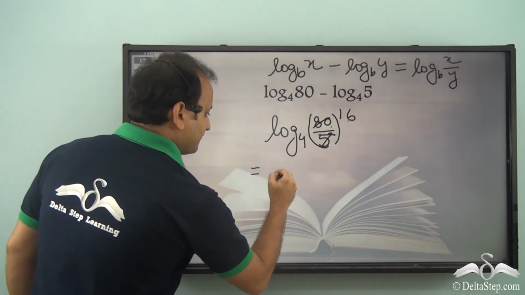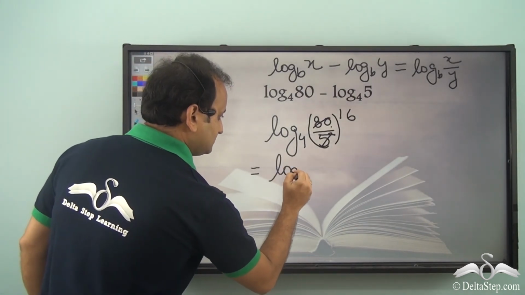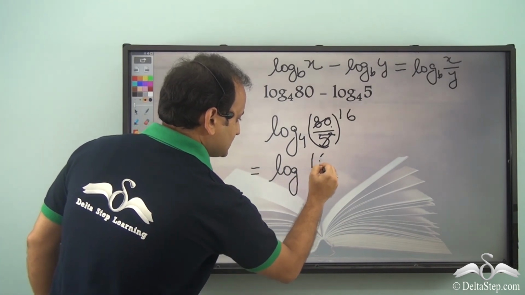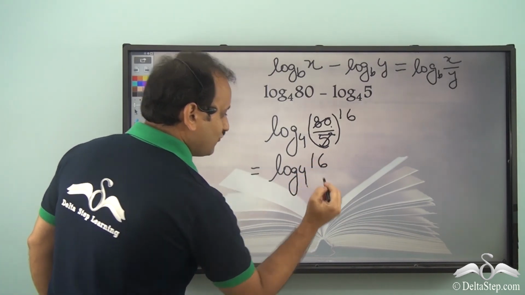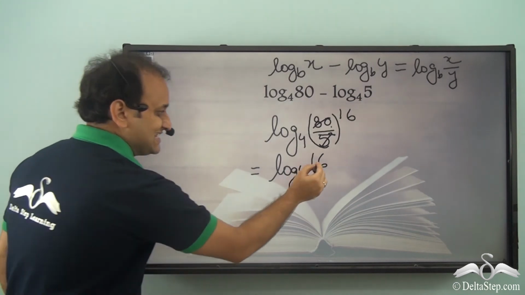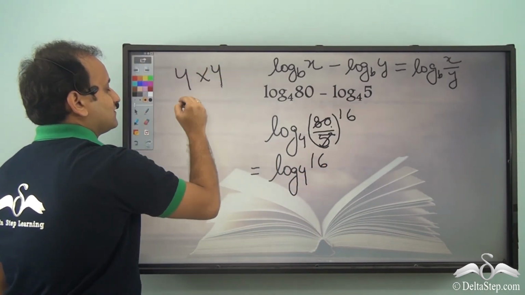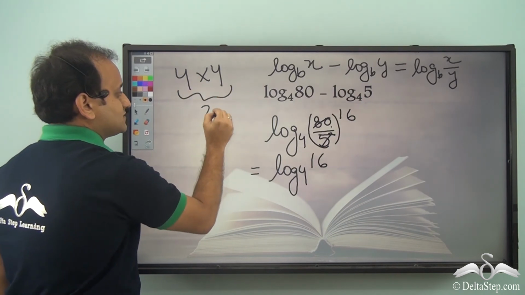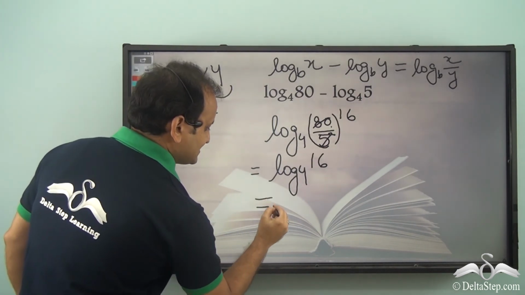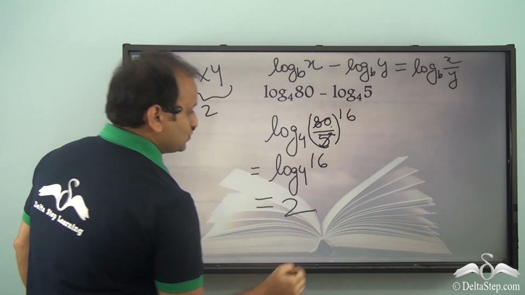So we have log 16 to the base 4. Now 16 is nothing but 4 times 4, that is 4 to the power of 2. That means the answer is 2.